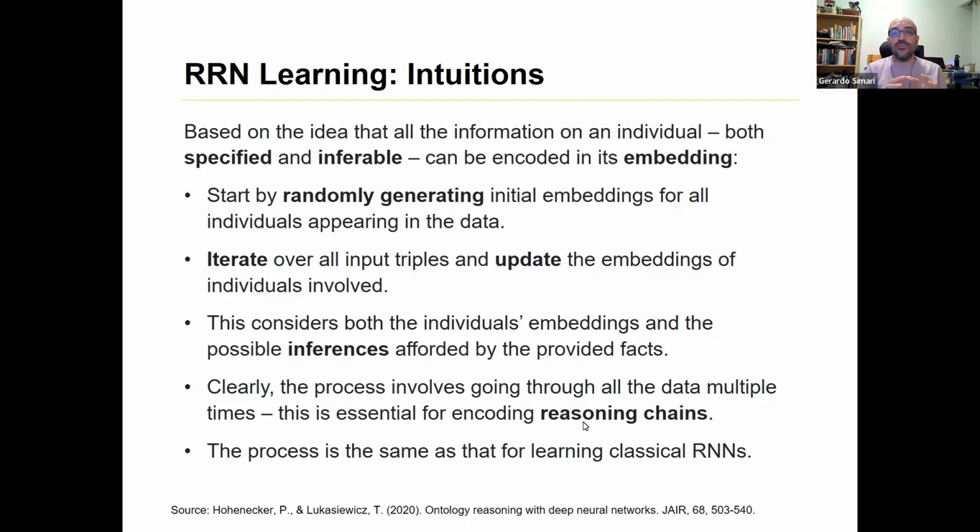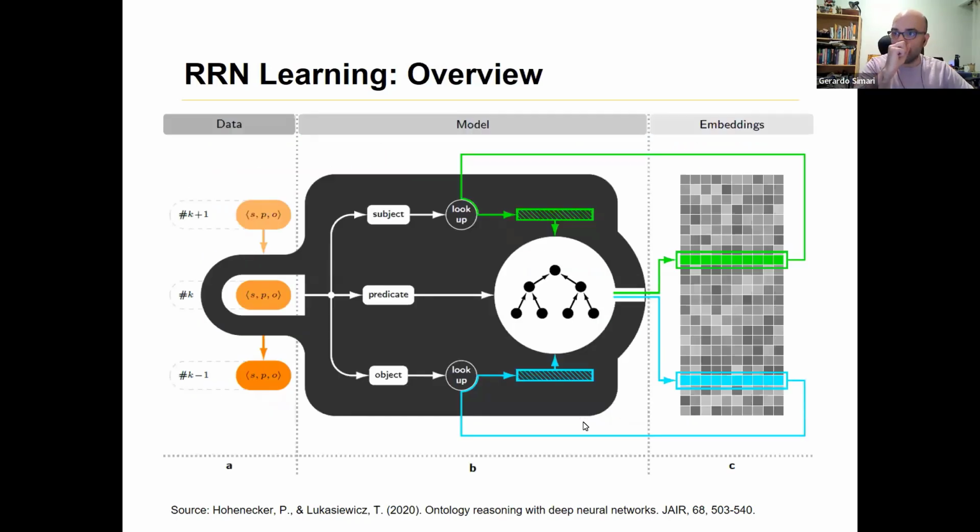The clever aspect of the paper is how the authors craft the layers so that everything works out. So this is the graph that I was promising. We go through the data, we separate subject, predicate, object, and as we'll see, we'll have a part of the model that will look up the embeddings in both cases, right? And then update the model.